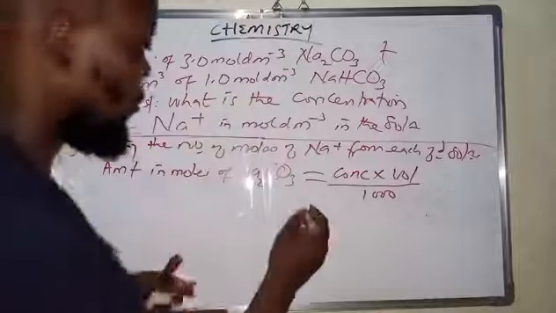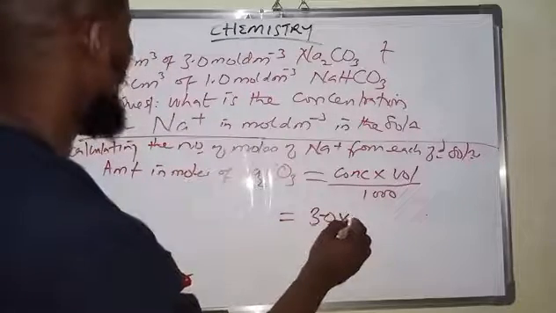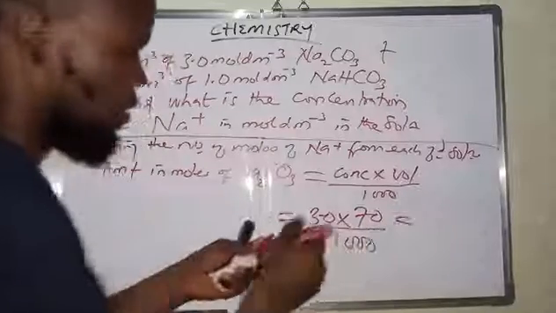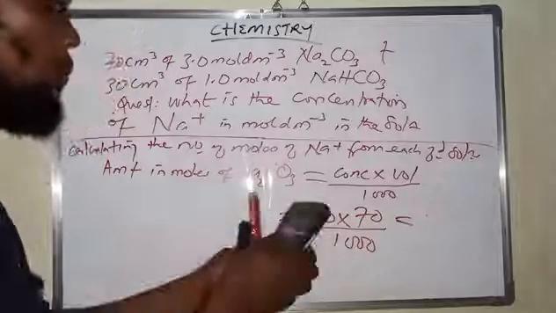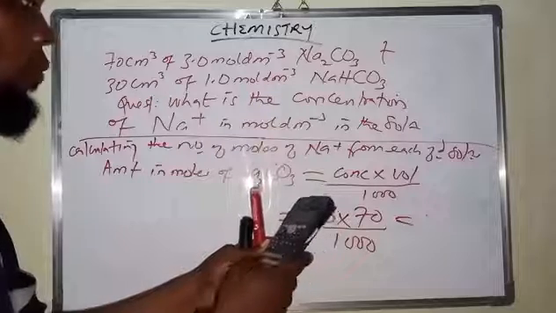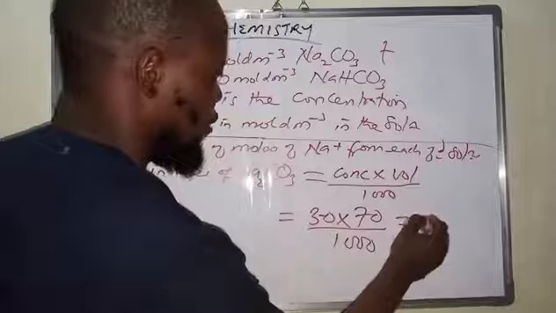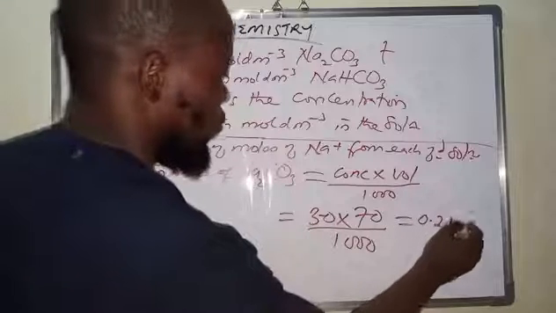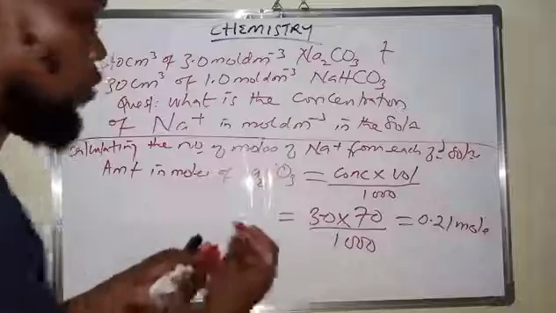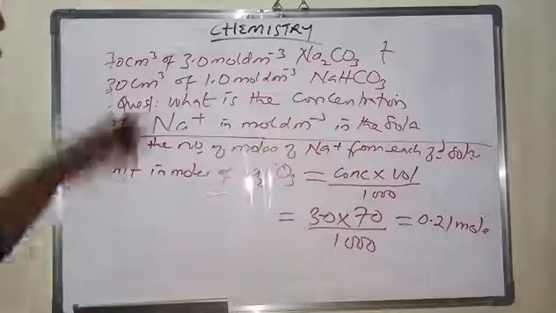So if we do so, we have 0.0 multiplied by 70 divided by 1000. This will give us 0.21 moles. So this is the amount in mole of this in the solution.